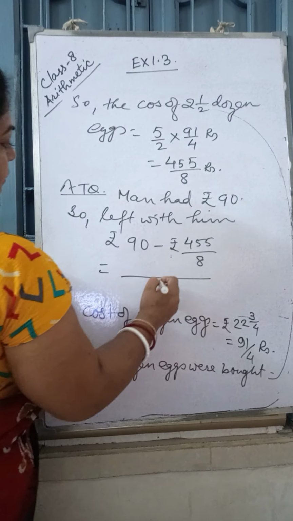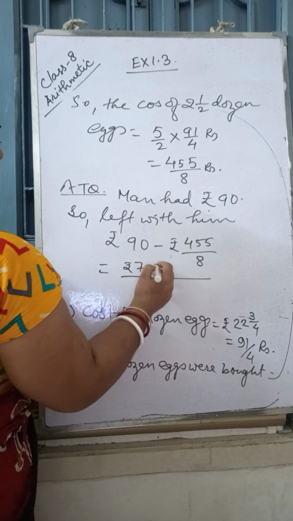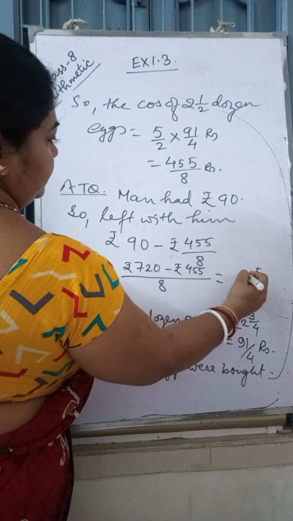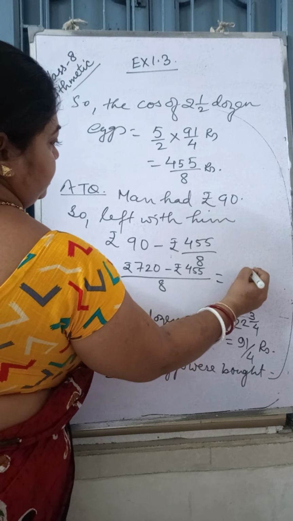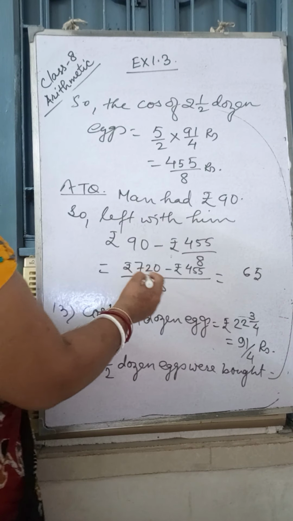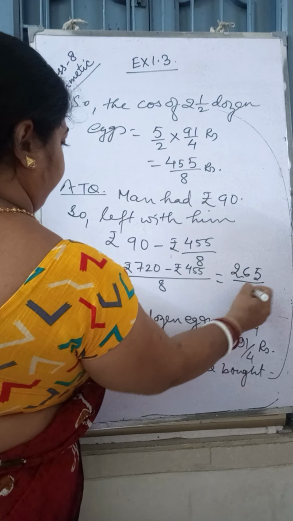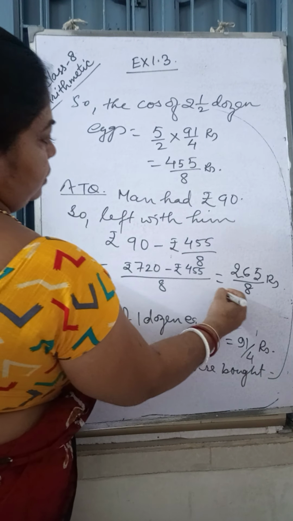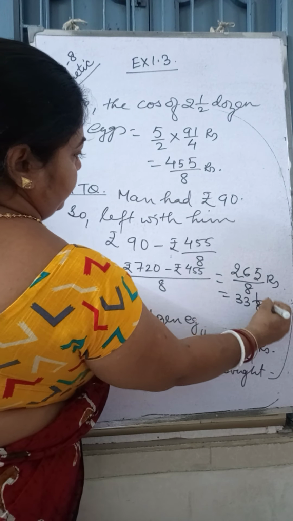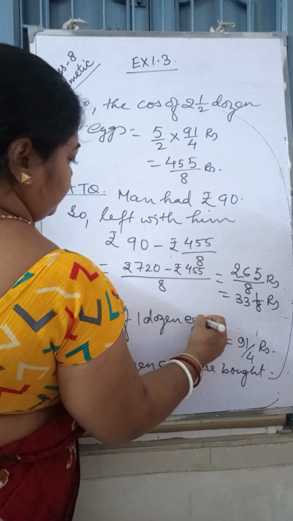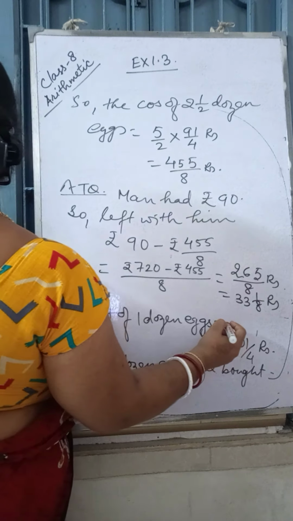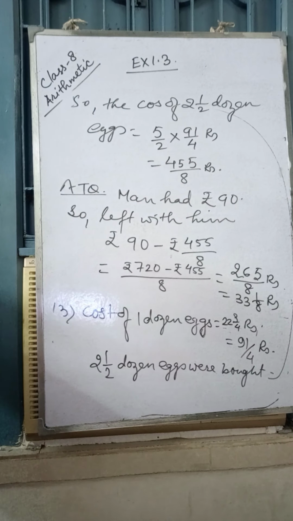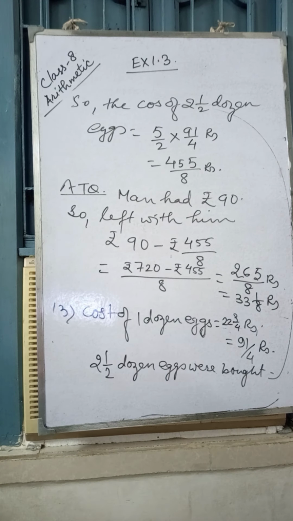When we take the LCM, this is 8, rupees 720 minus rupees 455, or it gives you 265 by 8 rupees. So this is the money he was left with.